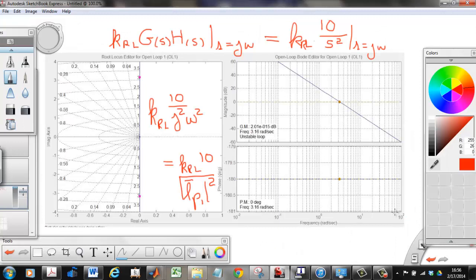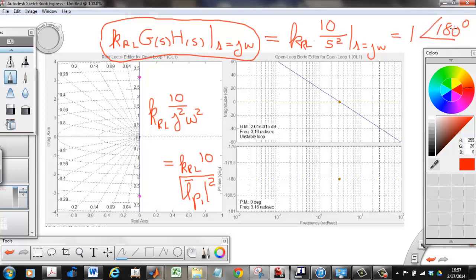Okay, if I've got 10 over s squared in the forward loop, then my root locus is going to be given by K_RL times GH, H is 1 in this case, when s equals j omega. Or I can say that my K root locus, my G is 10 over s squared when s equals j omega, and that has to equal a magnitude of 1 at an angle of 0 plus or minus 180 degrees.